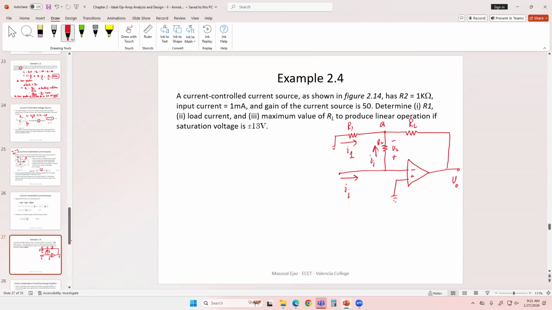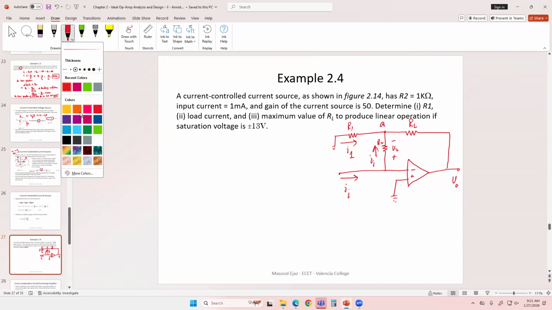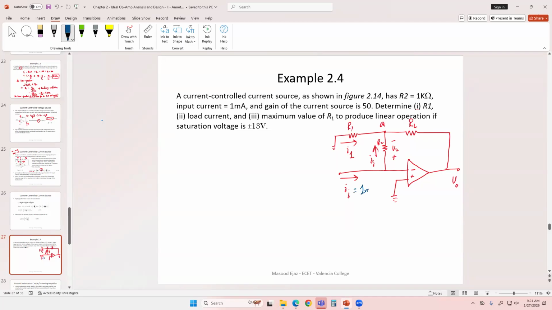R2 is 1 kilo ohm, this resistor. Input current is 1 milliampere, so this current is 1 milliampere. And R2 is 1K.